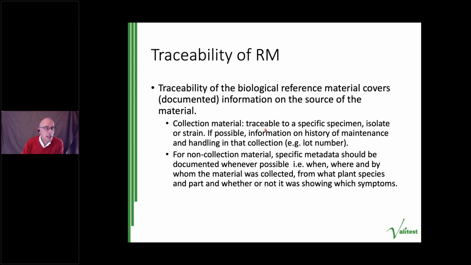And basically that means that the information should be traceable to a specific specimen, or a specific isolate, or a strain, and if possible, information on the history of the maintenance and the handling in that collection should also be available. So it should be traceable. Where did the material come from? How was it produced? What was its history?